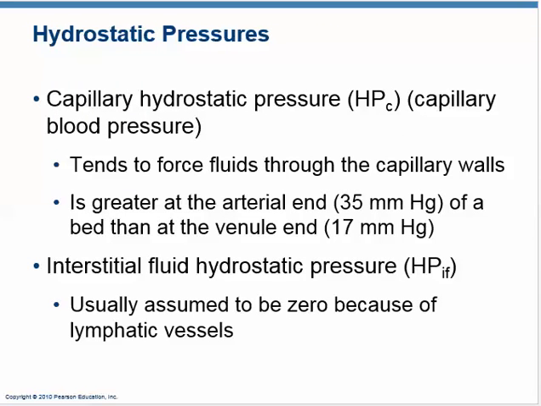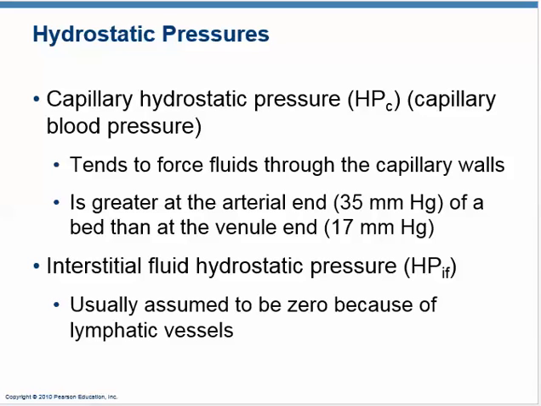So the hydrostatic pressure in the capillary is the blood pressure in the capillary. It forces fluid out of the capillary walls. At the arterial end, where the blood pressure is 35, it's high. At the venous end, where the blood pressure has dropped to 17, it is relatively lower.